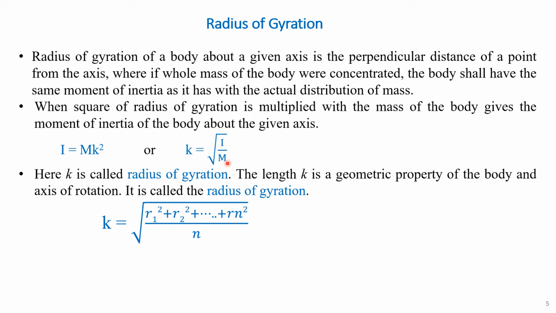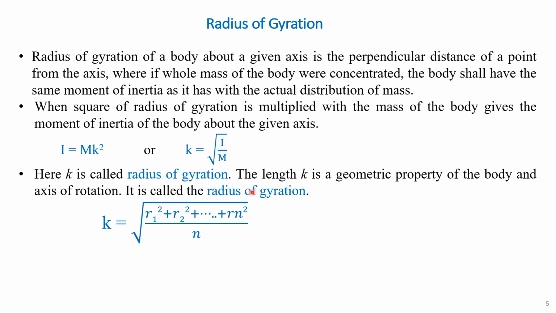In this relationship above, k is called the radius of gyration. The length k is a geometric property of the body and axis of rotation.